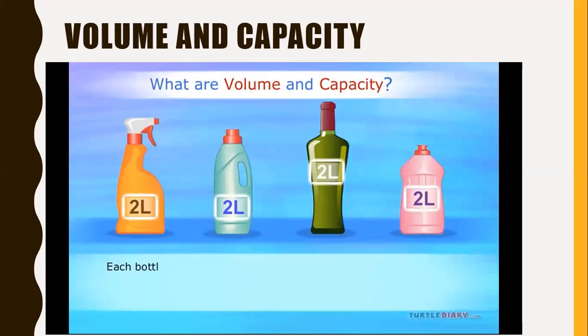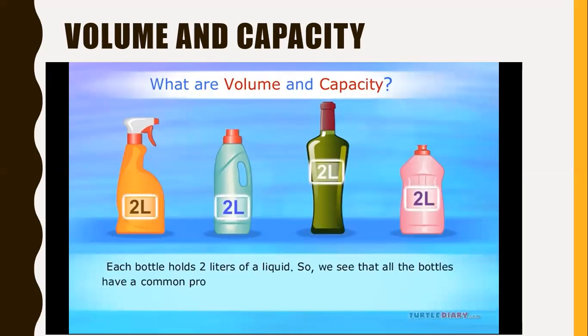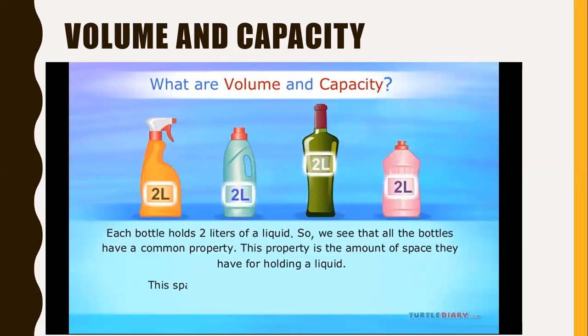Each bottle holds 2 liters of a liquid. So we see that all the bottles have a common property. This property is the amount of space they have for holding a liquid. This space is called capacity. So we can say that all these bottles have the same capacity.